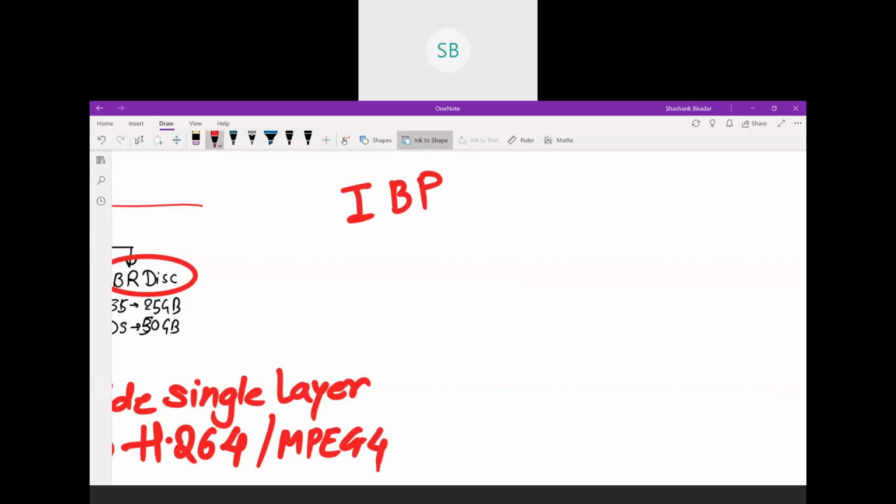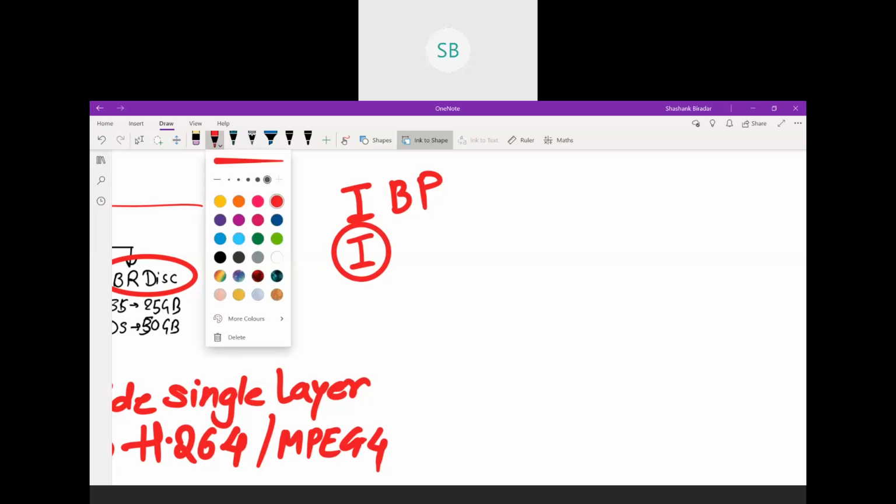First of all, we have the reference frame, the first frame. That is the intra coded frame, all of you know, I guess.